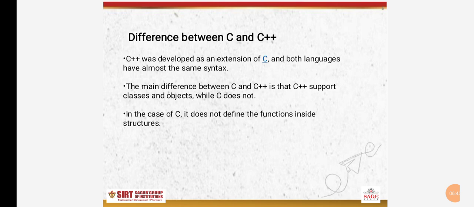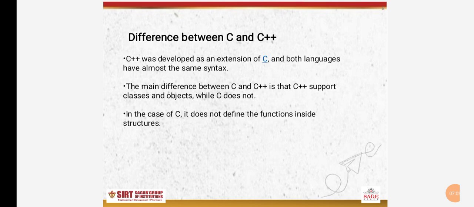For example, inheritance is the best feature of C++. Inheritance is the property by which an object of one class acquires the properties of another class. That means we can extend the features of a base class into a derived class. And in C++ we have the feature of data abstraction.